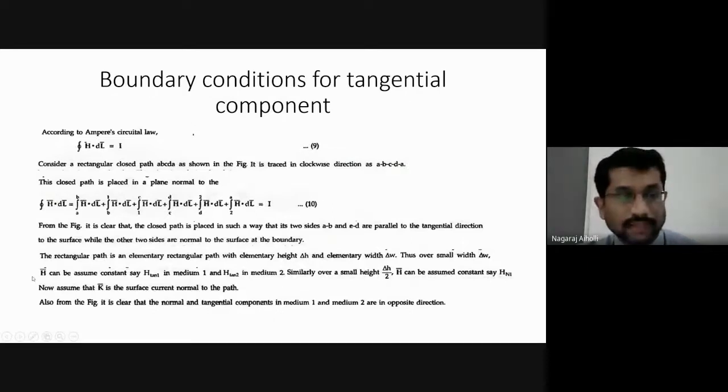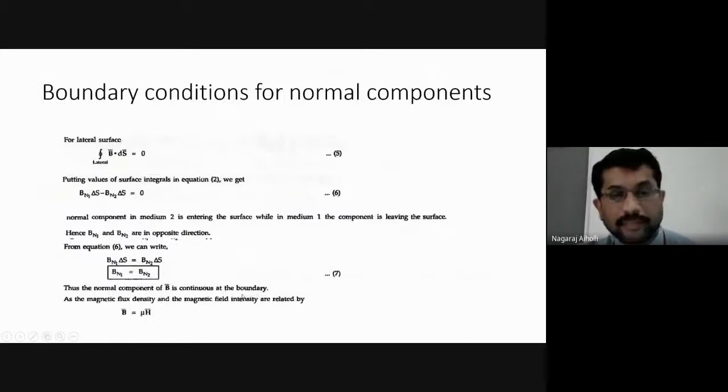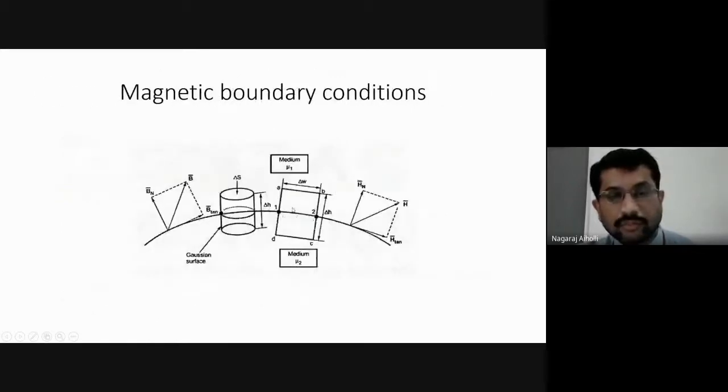Now assume that K bar is a surface current normal to the path ABCD. When you consider the current normal to this path, we consider the product of the current and the width.